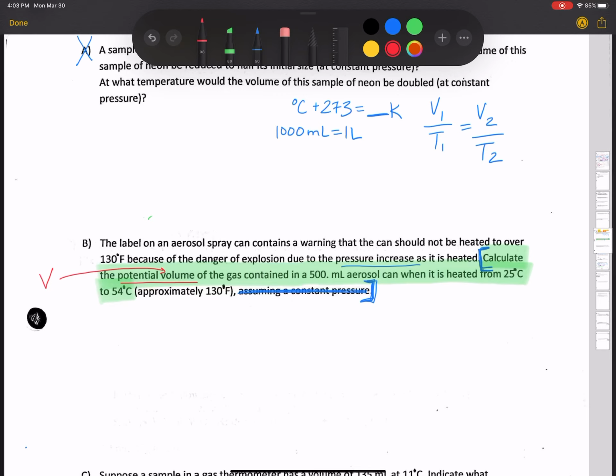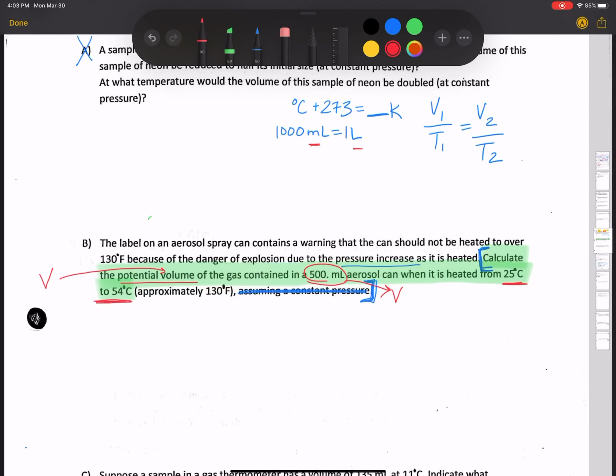Calculate the potential volume of the gas contained in a 500 milliliter. That's my confirmation. That's a volume, because remember, volume is going to either be in milliliters or liters. When that can is heated from 25 degrees Celsius to 54 degrees Celsius.